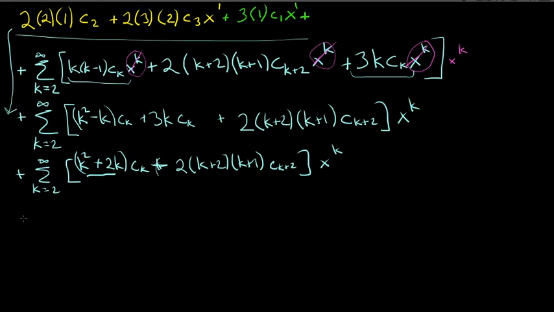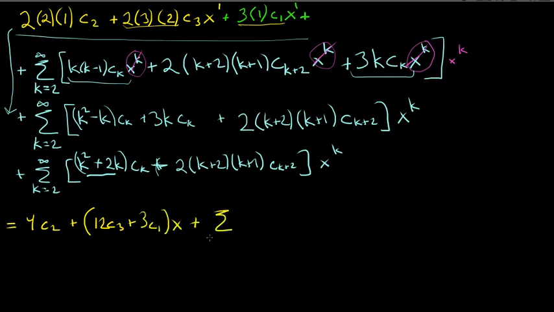It's going to be 4c2. Actually, yeah, okay, 4c2. So this is going to be 4 times c2 plus 6 times 2 is 12c3, plus 3c1, right? And that's all times x to the 1.